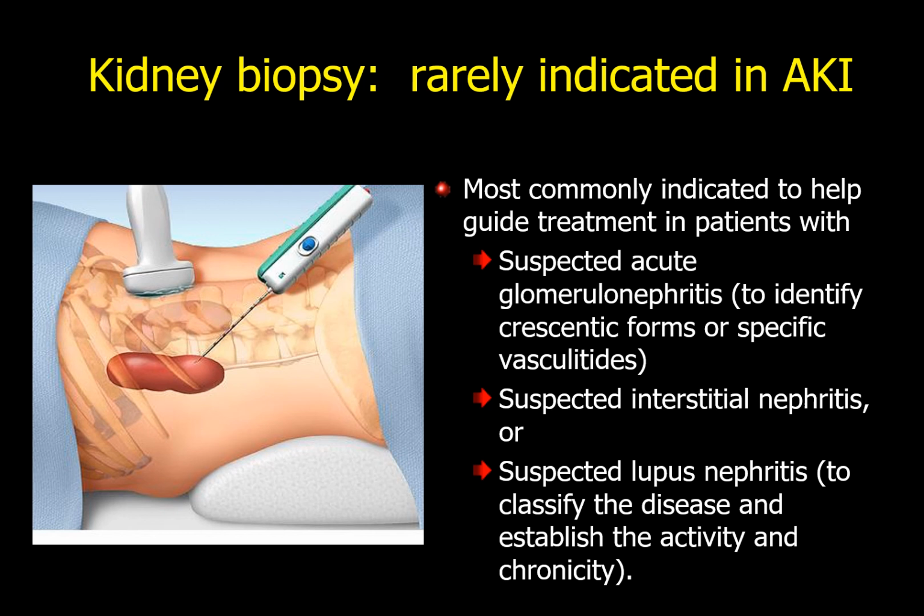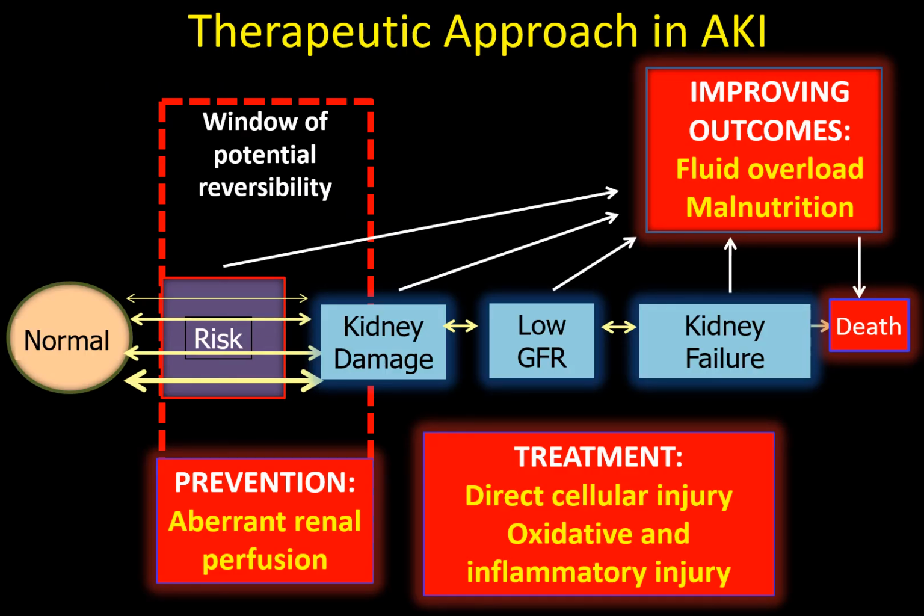It's most commonly indicated to help guide treatment in patients with suspected acute GN in order to identify crescentic forms or specific vasculitides, and for suspected interstitial nephritis or suspected lupus nephritis to classify the disease and establish the activity and chronicity. Therapy of AKI is not covered by this lecture, but it should address direct cellular injury, oxidative and inflammatory injury.